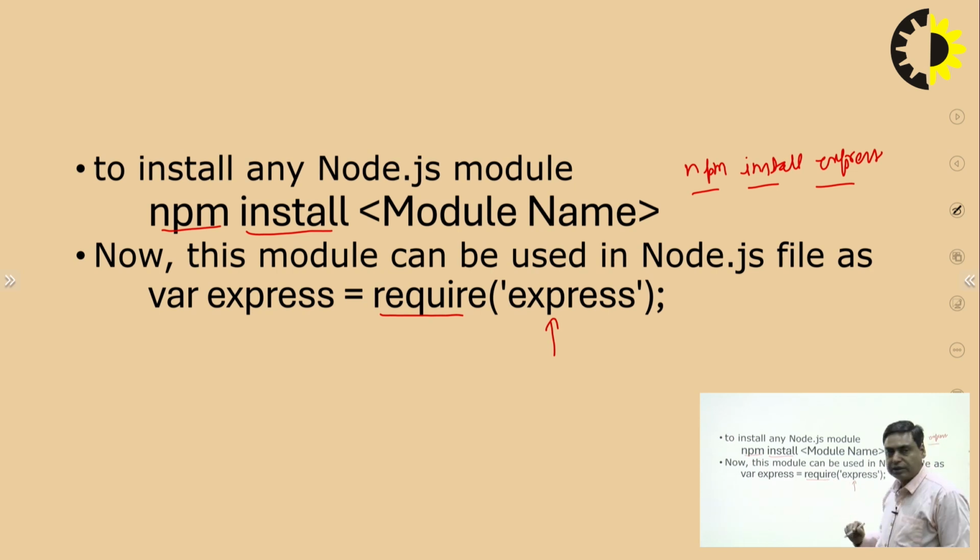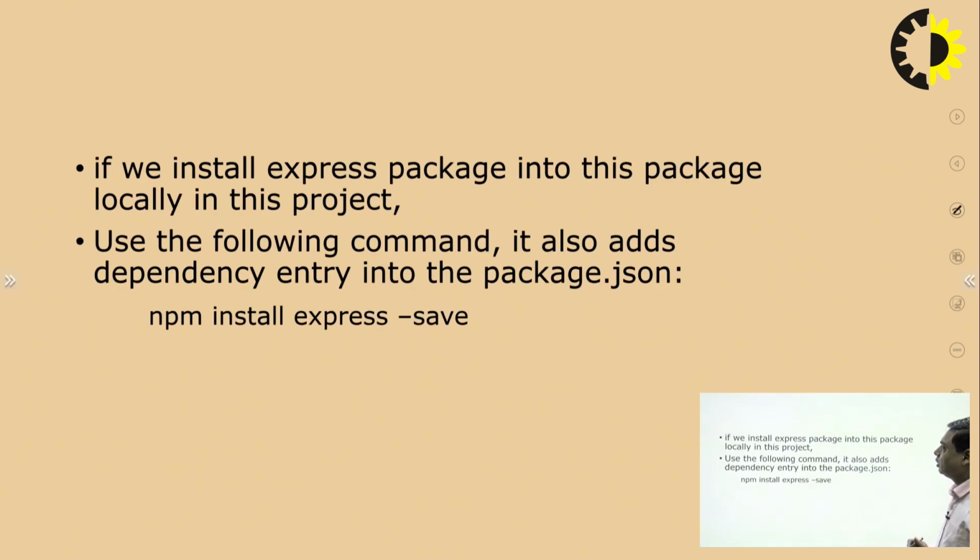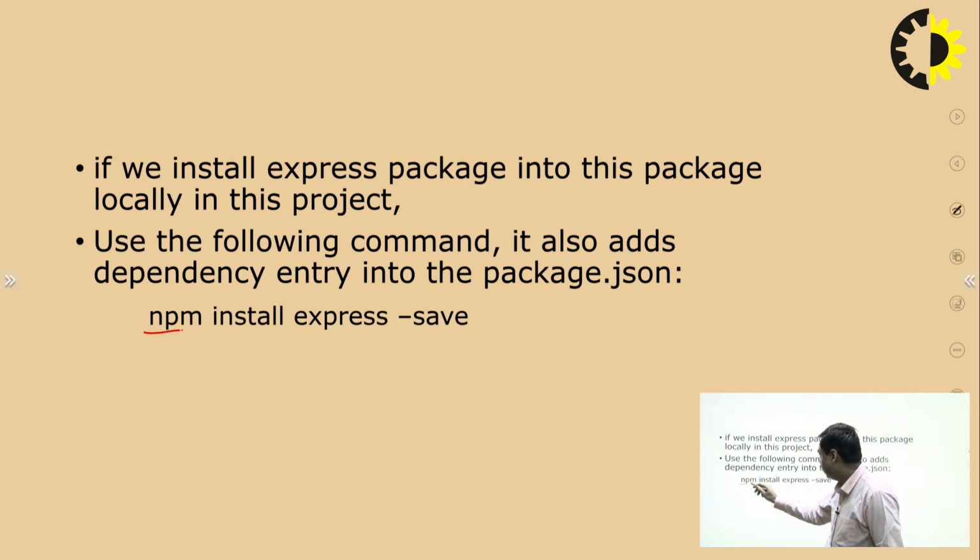For installing the express package, you will use install. It is a command line instruction, that is, npm, to install the package on your local machine. So this is the approach: we have written npm install express.